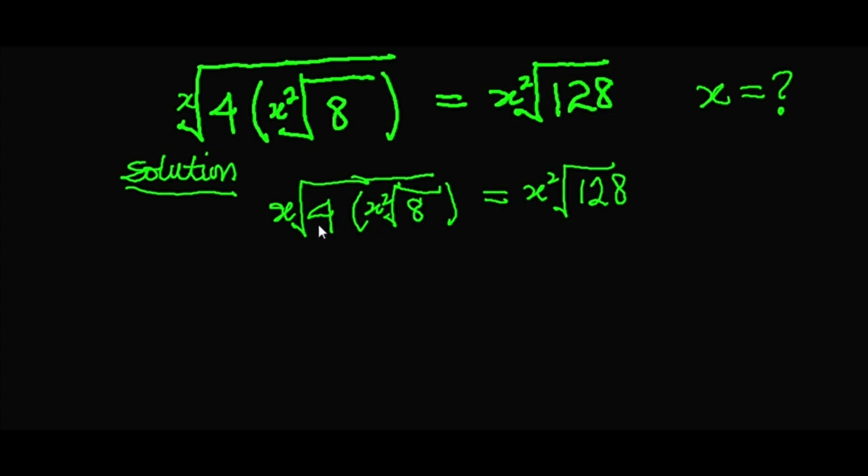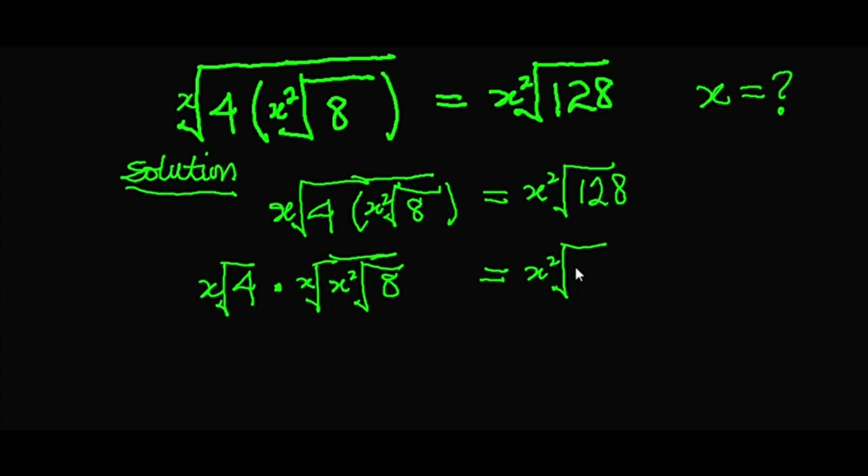We can write it as the x-th root of 4 multiplied by the x-th root of the x-th root of 8. You see that the 8 is in the x-th root and also in the x-th root, that is why we split it this way. So this equals the x-th root of 128.